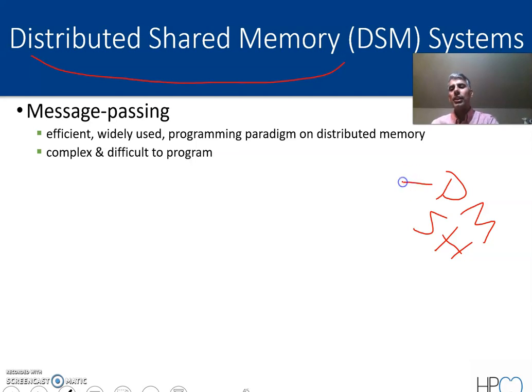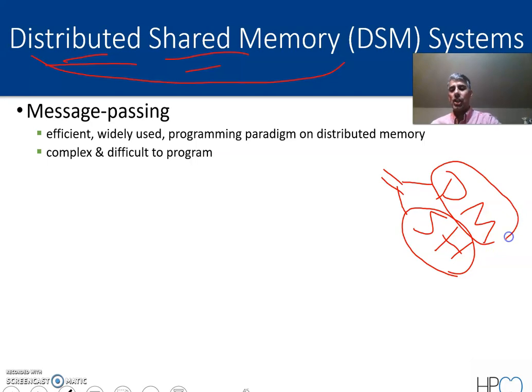There is a third category somewhere in between, known as distributed shared memory, which tries to combine the features of both sides and make some perfect programming that is as easy as programming on one computer, more like shared memory, but gives us the features of distributed programming, which enables us to go beyond one computer.